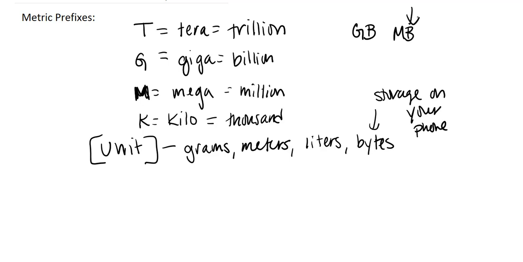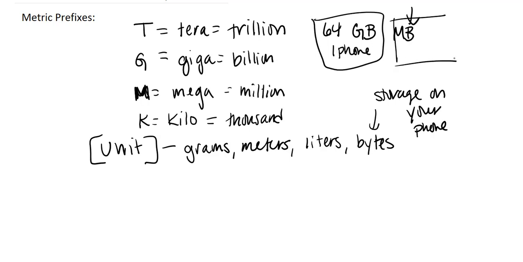We see this all over, like a 64 gigabyte iPhone. Or the weather app on our phone is in terms of megabytes, like 3 megabytes. These are things we really know, because how often do we have to delete things on our phones to make more room for our storage?